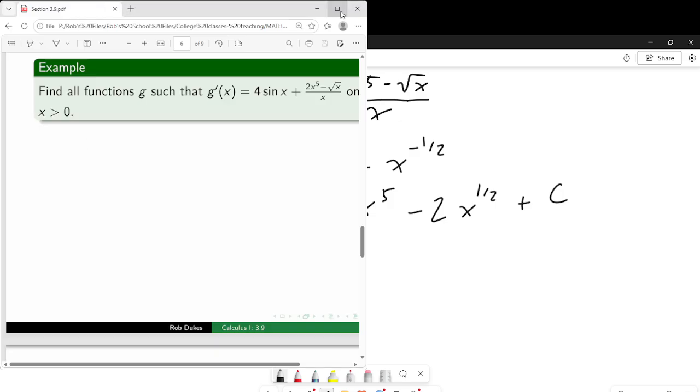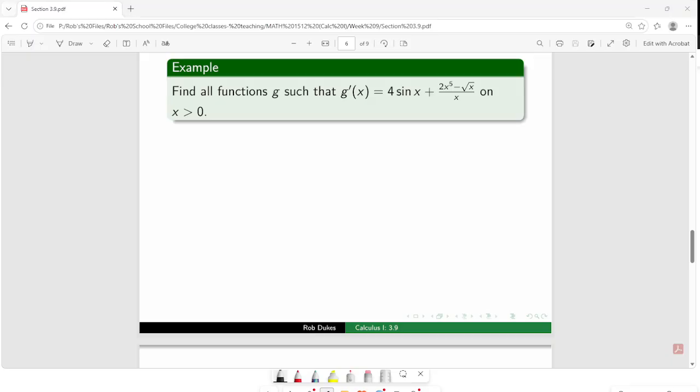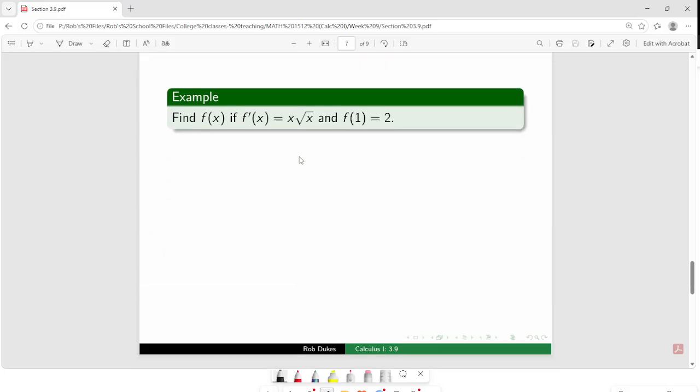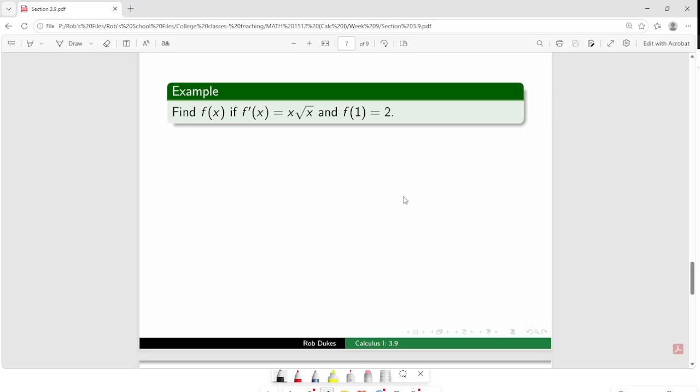So let's see the next one. Find f of x if f prime of x is x root x and f of 1 equals 2. Okay, that looks a little different. So what's with that f of 1 equals 2? Why are they telling me that?